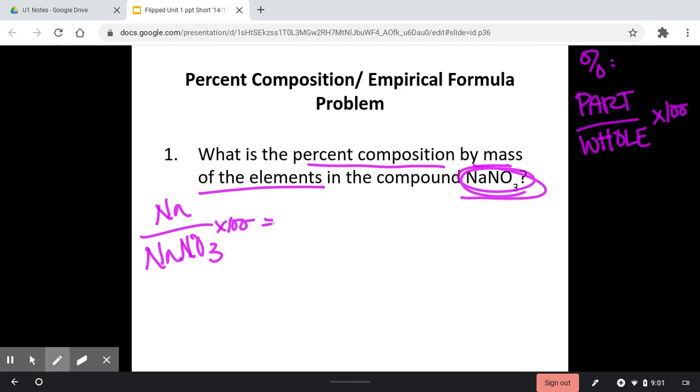So let's figure out what the molar mass of that compound is. 3 oxygens, 1 nitrogen, 1 sodium. So I get 84.99 grams per mole. And then if I want percent by mass of sodium, I'm just going to do sodium over the whole.